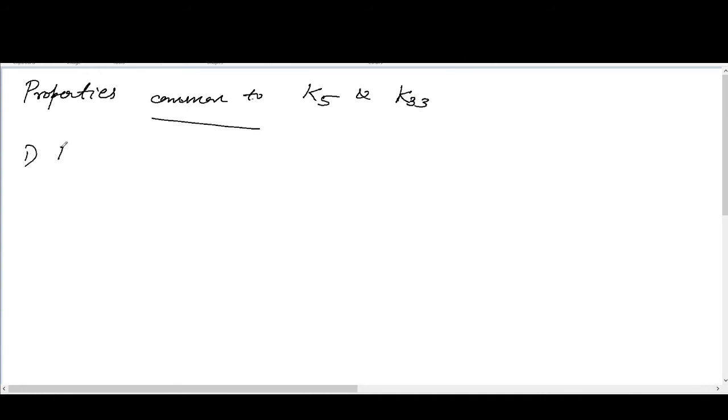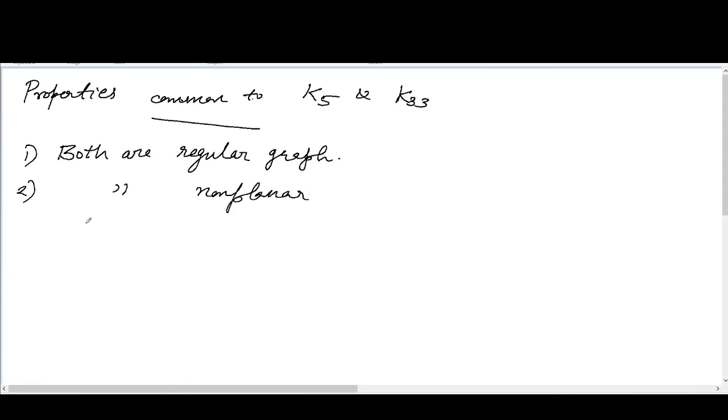Properties common to K5 and K33. First one, both are regular graphs. Second property, both are non-planar graphs.